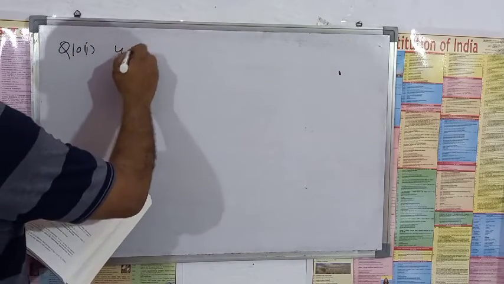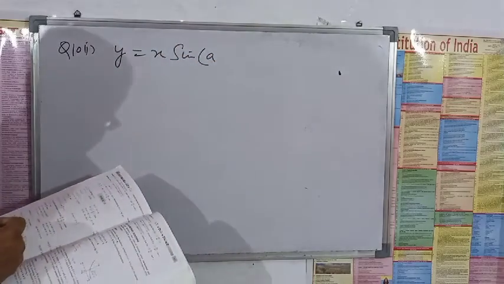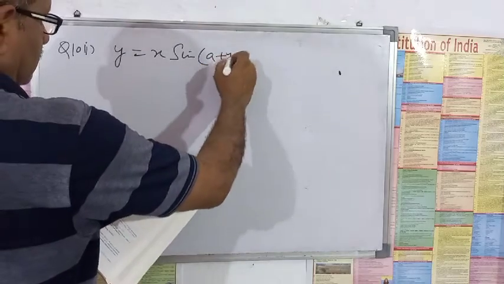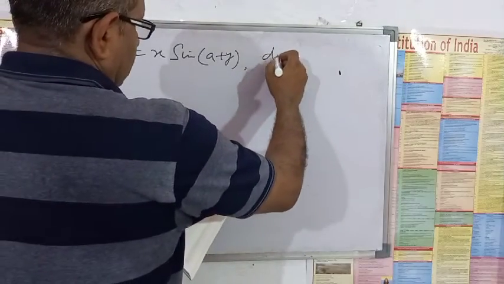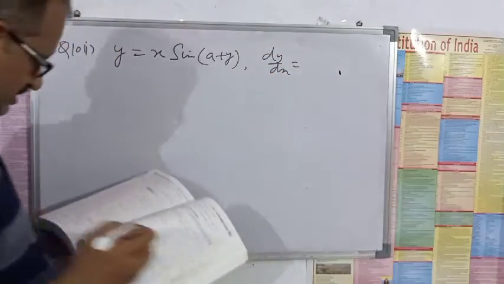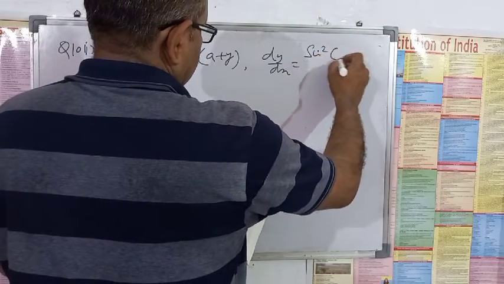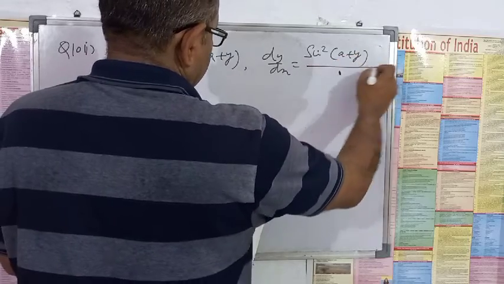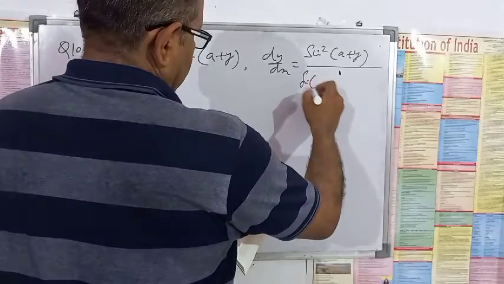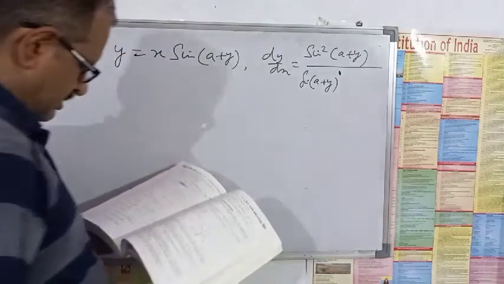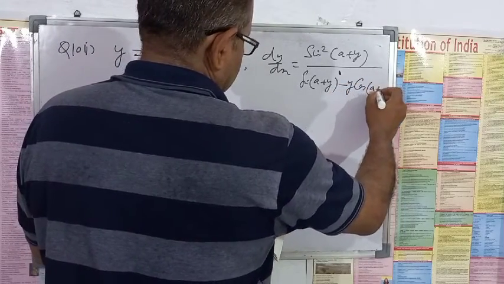Y is equal to x sine a plus y. And we have to prove that dy by dx is equal to sine square a plus y upon sine a plus y minus y cos a plus y.